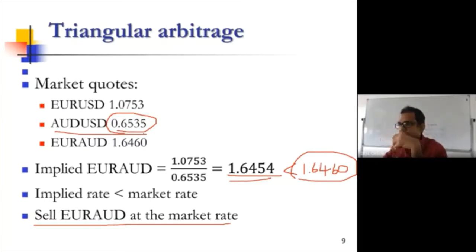You can use that Australian dollar to buy USD. Once you complete the second transaction, you have dollars. You can use those dollars to buy euro at this rate. Then whatever euro amount you sold, you have bought it back here. You have gone a complete cycle. Your position is squared. Meantime, you have earned the profit.